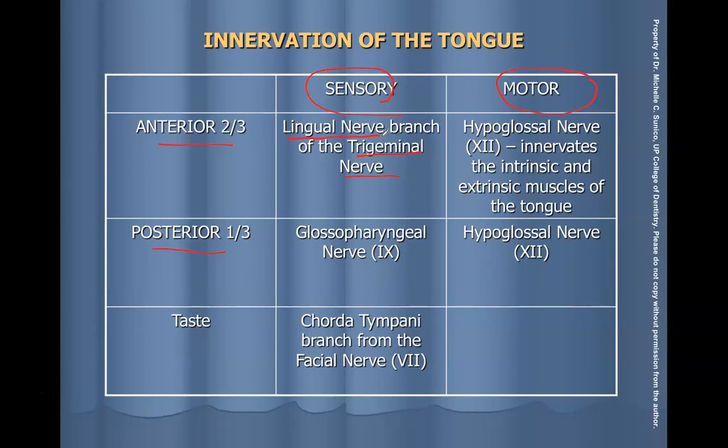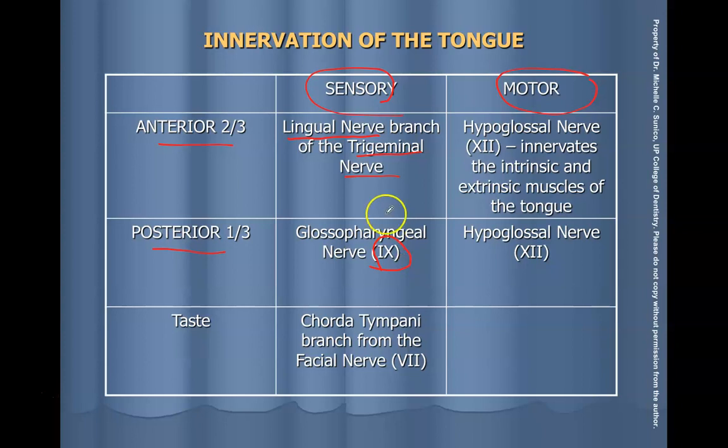As for the sensory innervation of the posterior 1/3, which is the base of the tongue, the innervation will come from cranial nerve 9 or the glossopharyngeal nerve, because it is already in the pharyngeal area.